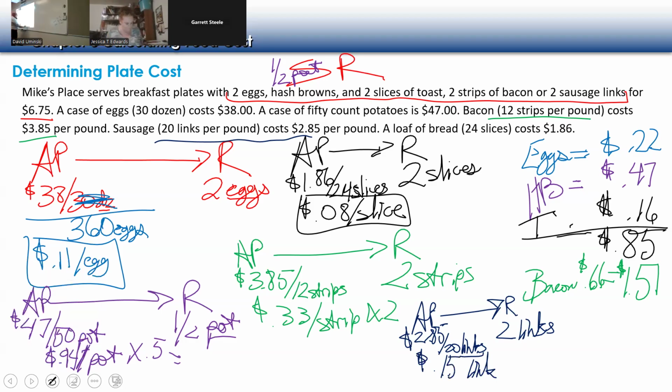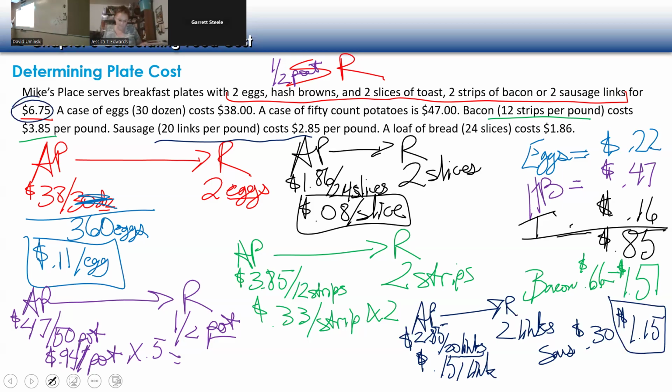So 15 cents per link times 2 is what? 30 cents, okay. Add that to my 85. It cost me $1.15 per plate, per sausage. Okay.